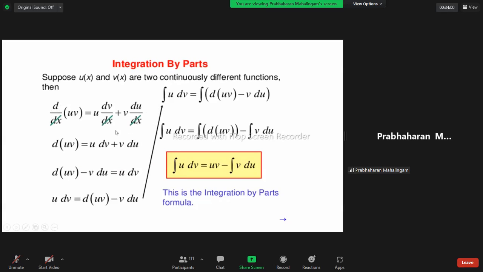That is why I discussed differentiation in the first section earlier. So d over dx of uv is equal to u into dv over dx plus v into du over dx. Very simply, d of uv equal to u into dv plus v into du.